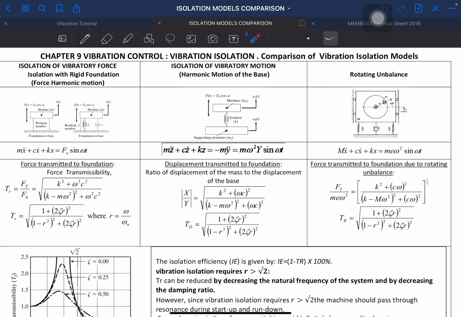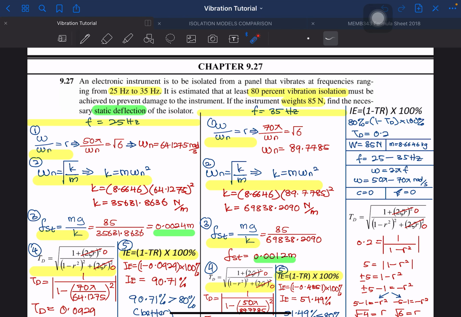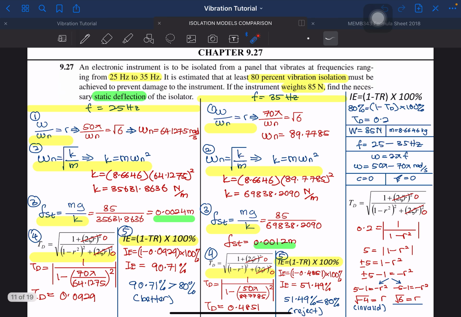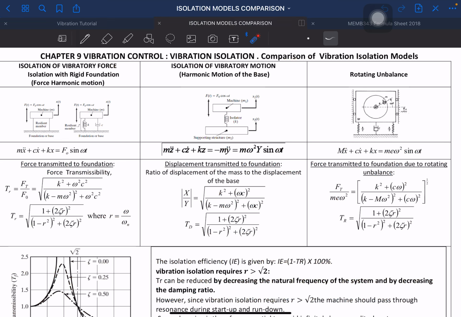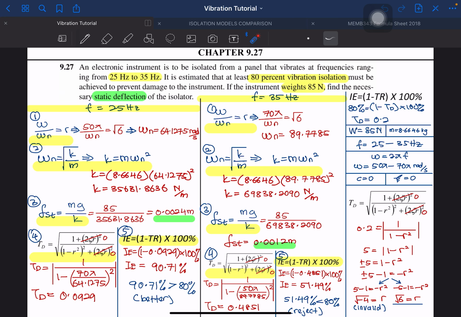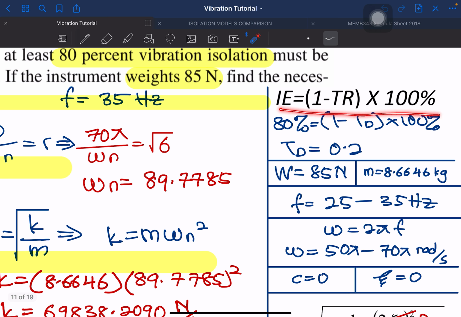Next, as you can see here, the r for vibration isolation needs to be more than square root of 2. Using the formula for isolation efficiency just now, IE equals 1 minus TR times 100%.